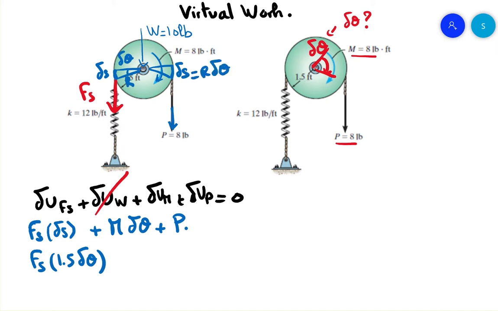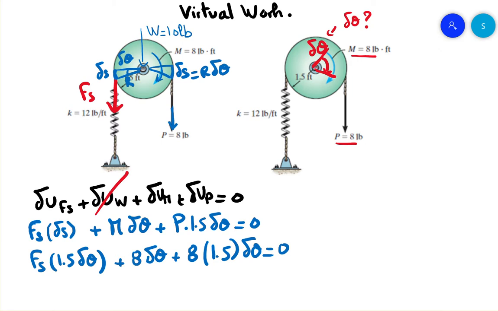So P times 1.5 times delta theta. So the moment is 8 delta theta, plus the force P, 8 times 1.5, the radius, times delta theta, equal to 0.